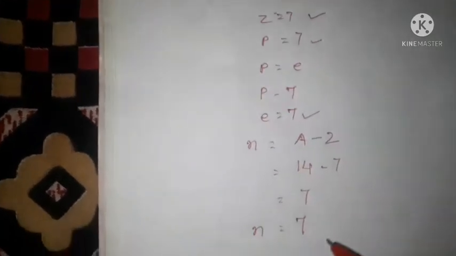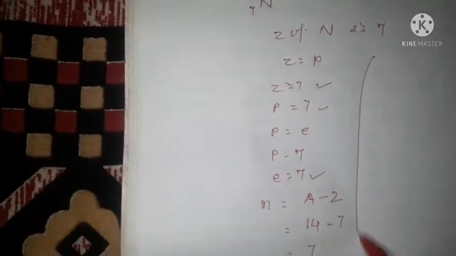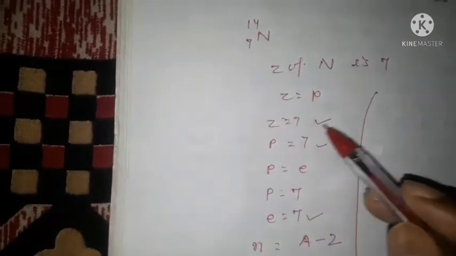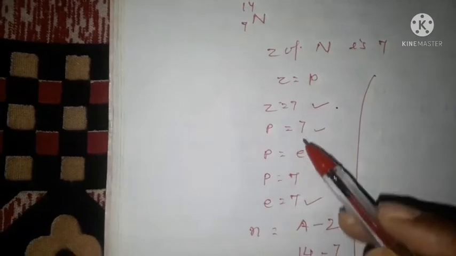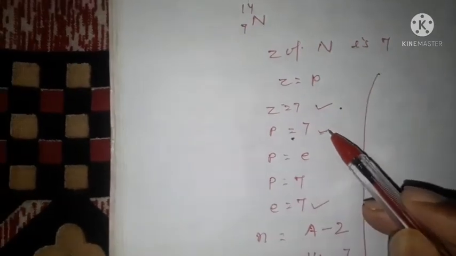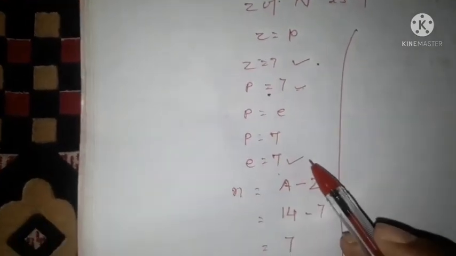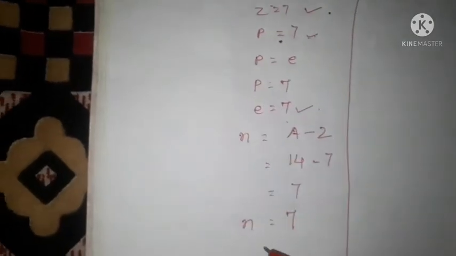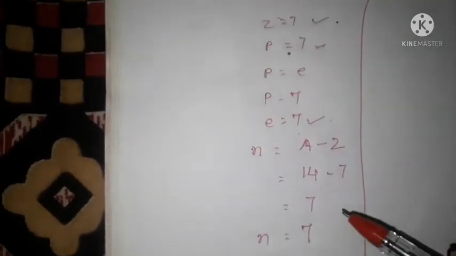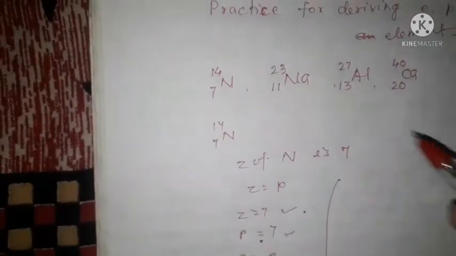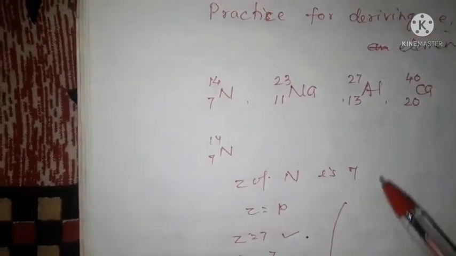In this way, we derive Z as the atomic number, P the number of protons, E the number of electrons and N the number of neutrons from the nitrogen element.